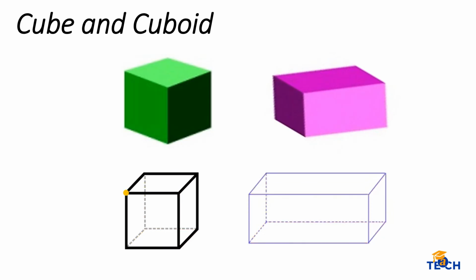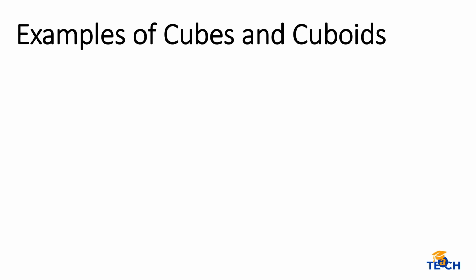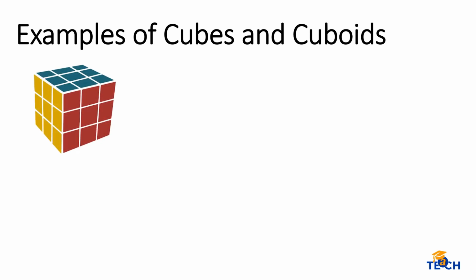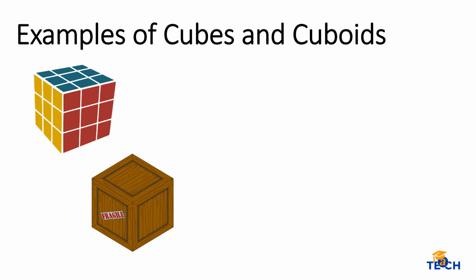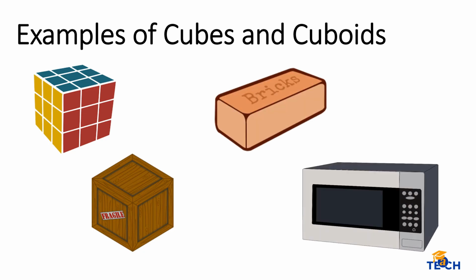We also have 1, 2, 3, 4, 5, 6, 7, and 8 vertices in a cube and a cuboid. Do you know what are the examples of cubes and cuboids? So for cubes, we have here the famous Rubik's Cube and a fragile box. For cuboids, we have a brick and a microwave.